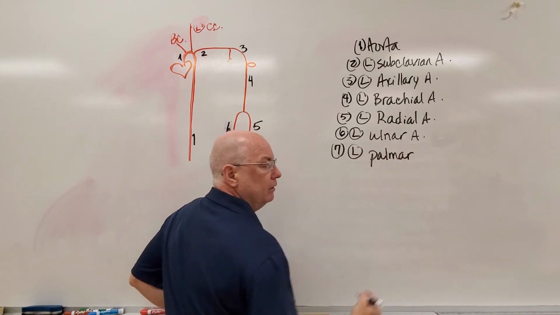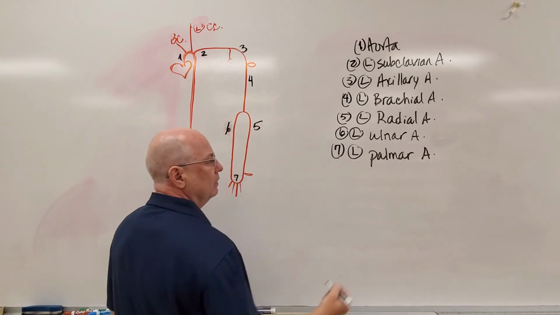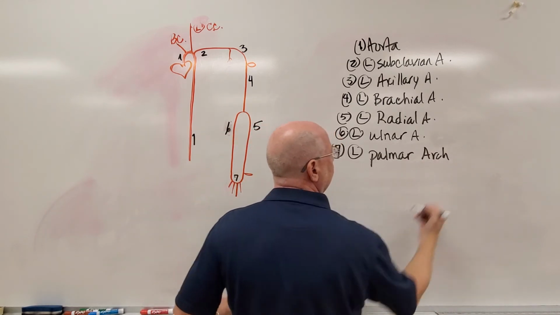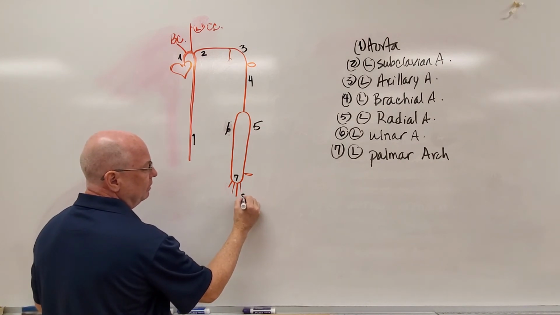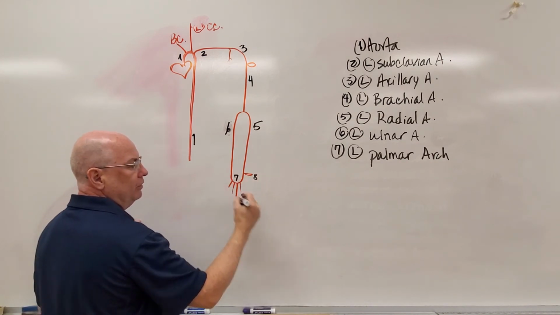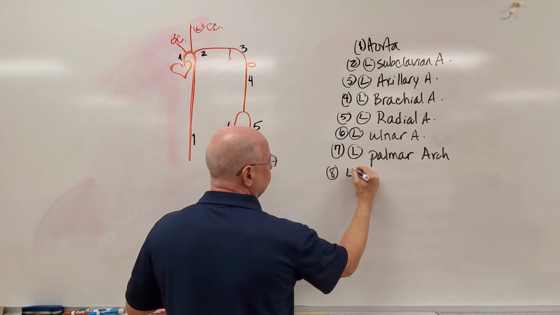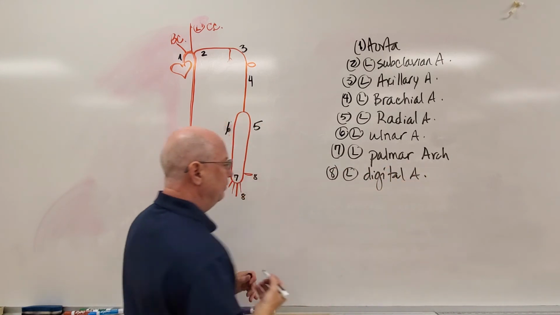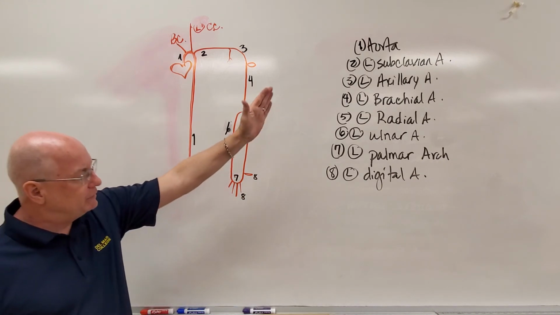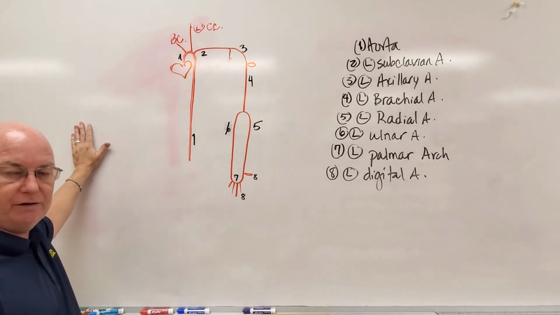We're not going to put artery, we're going to put palmar arch. It is an artery. And then these vessels that come off here from the thumb and all your fingers are going to be called the left digital arteries. Okay? And every time I put the left, there would be the exact same equivalent on the right.